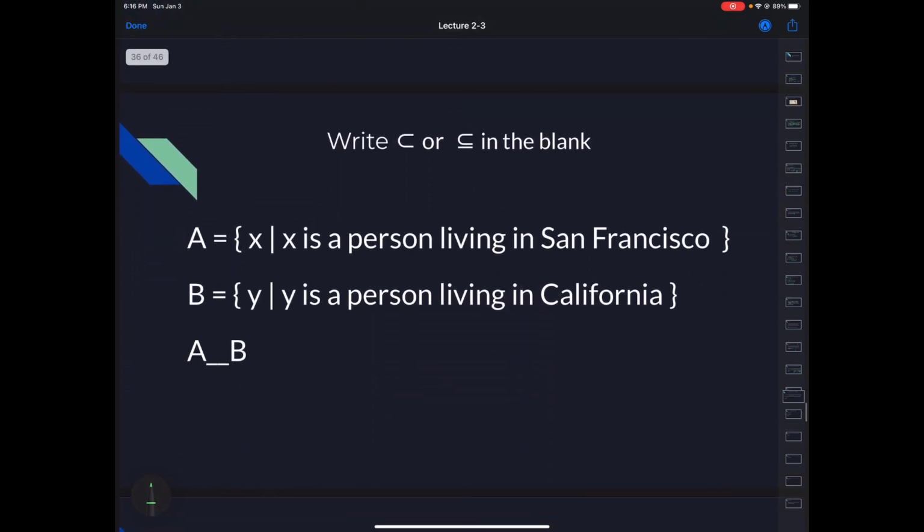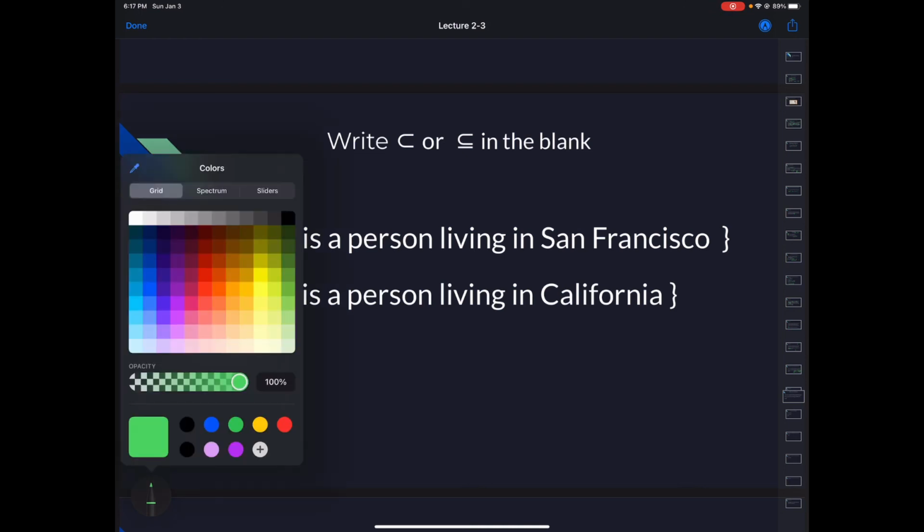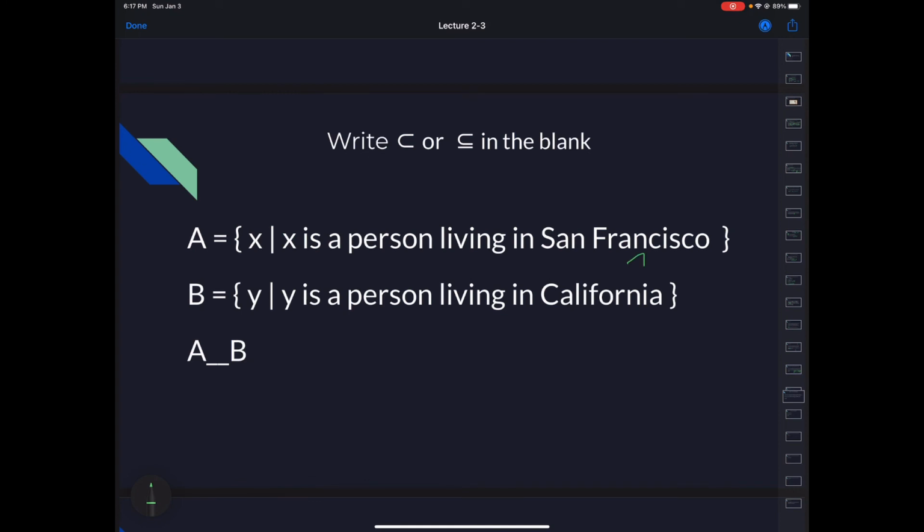So now in this case, we have questions where we're asked, is it a subset or a proper subset? And we have A is equal to {X | X is a person living in San Francisco}. B is equal to {Y | Y is a person living in California}. Now, I can't list all the people in San Francisco and all the people living in California, but I can say anyone living in San Francisco is absolutely living in California.